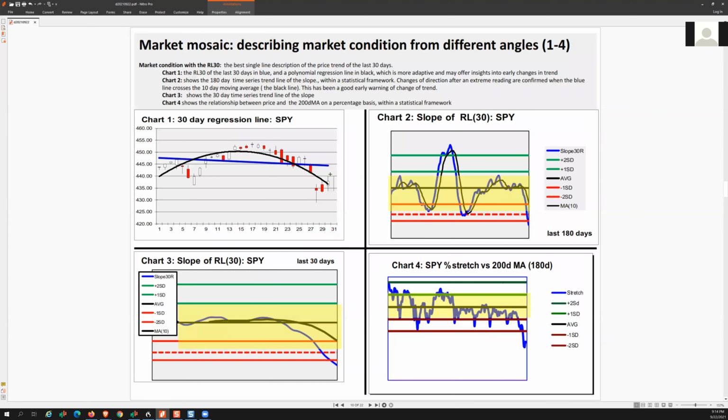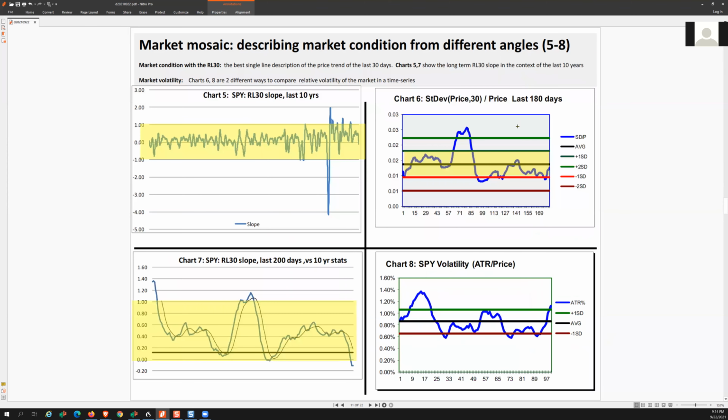That's what returning to the long-term trend is. Still abnormal conditions. It's outside the yellow. This shows signs of bottoming with respect to the 200-day moving average. And the slope of the 30 is still in an abnormal condition. So that's why swing trading one day at a time is especially indicated right now.